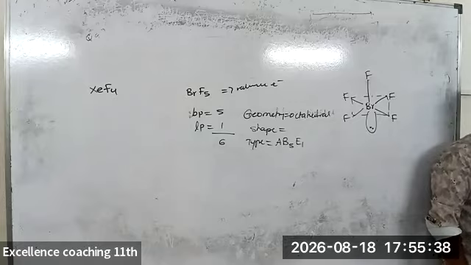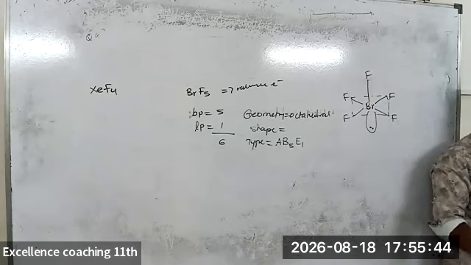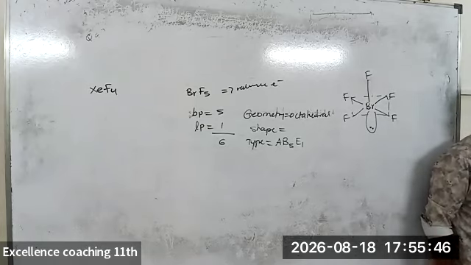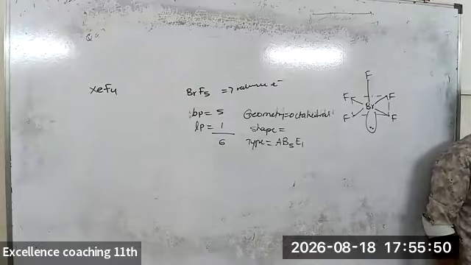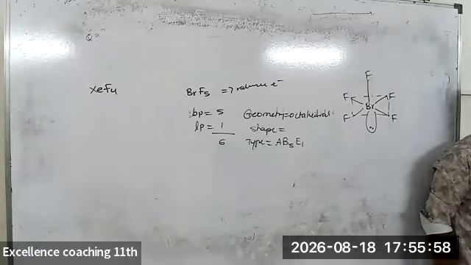How many valence electrons do neon, argon, krypton have? 8 valence electrons. Group 18 means 8, group 17 means 7, group 16 means 6, like that, depending upon the groups.